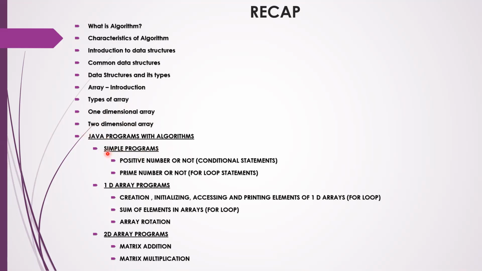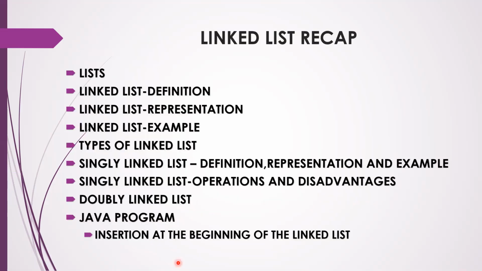We saw simple Java programs like positive number or not using conditional statements, prime number or not using for loop statements, 1D array programs like creation, initializing, accessing, and printing elements of 1D arrays using a for loop, sum of elements in an array using a for loop, and array rotation. We saw 2D array programs like matrix addition and matrix multiplication.